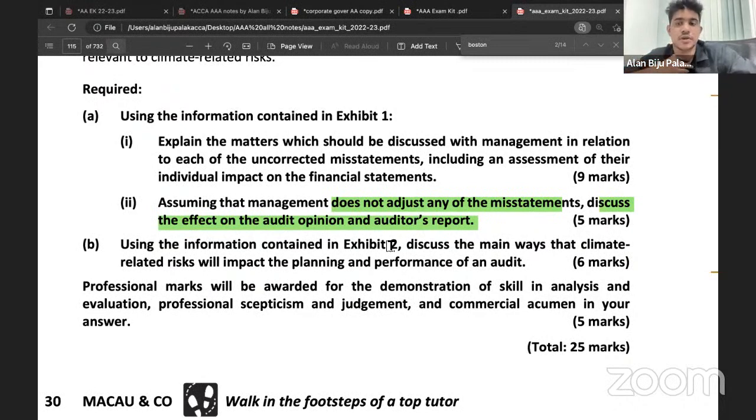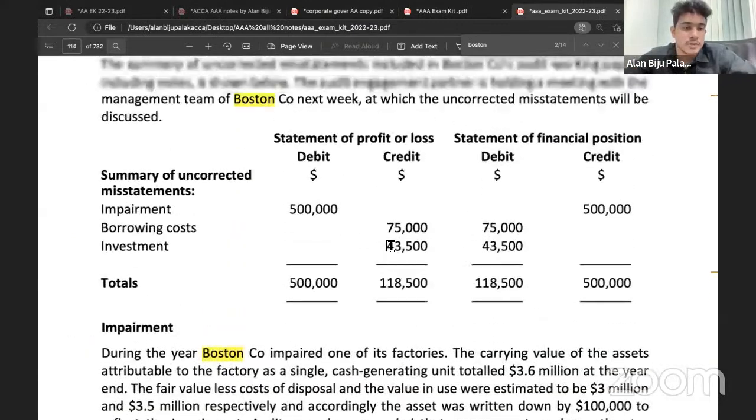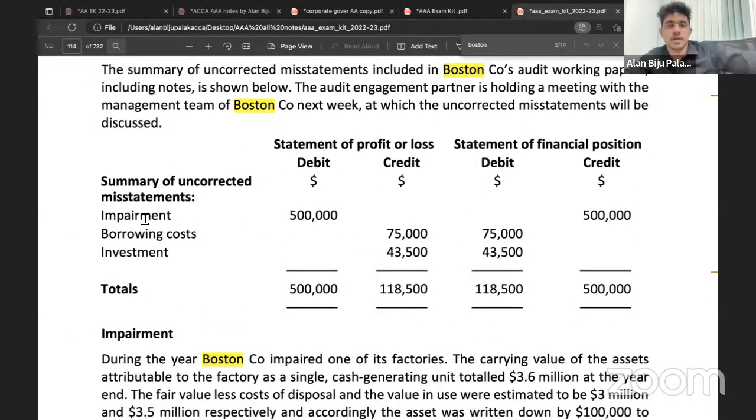So in that case, what do you need to do? You need to take the cumulative effect of the misstatements. Take the total of the misstatements and consider whether that is material, pervasive, and express the opinion and basis of opinion on that. First, in relation to impairment, you will provide the matters and discussion with the management. Towards the borrowing cost also, you will provide matters and discussion with the management.